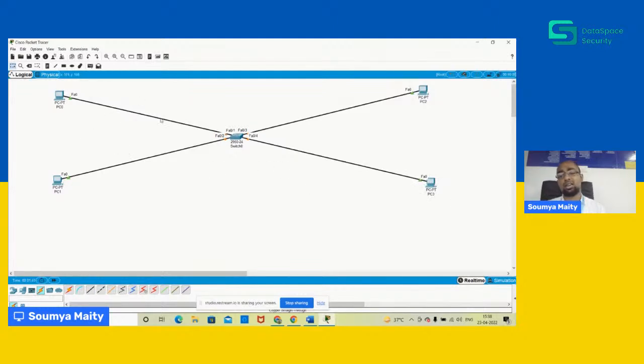Say there are two departments in an IT sector company, a sales department and an administrative department, admin. We also have to take VLAN IDs. This one is VLAN 10, and this one is VLAN 20.